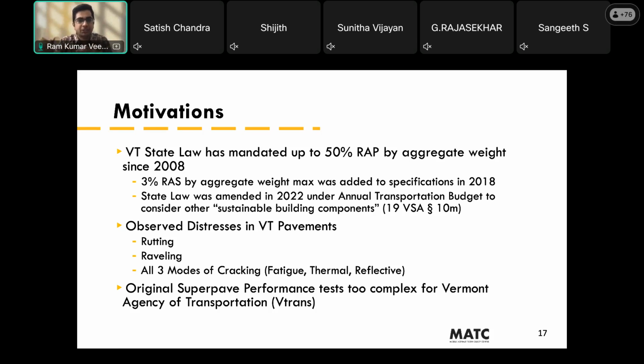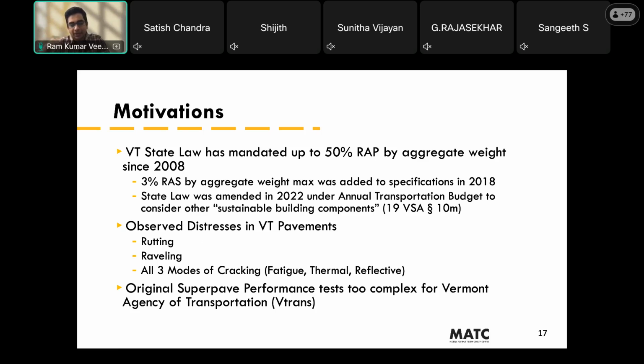And as I mentioned before, in the state law amended in 2022, under the annual transportation budget, sustainability was a major factor that they wanted to bring into building components. And some of the distresses that Vermont agencies were experiencing by including these recycled materials were rutting and raveling. These were some of the major issues that they had in Vermont. And when I'm talking about cracking, they had all sorts of cracking issues, primarily fatigue cracking, thermal and reflective cracking.